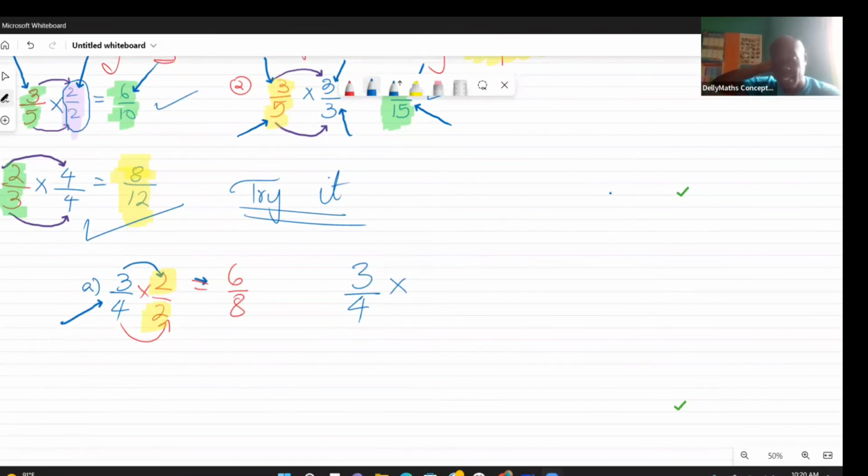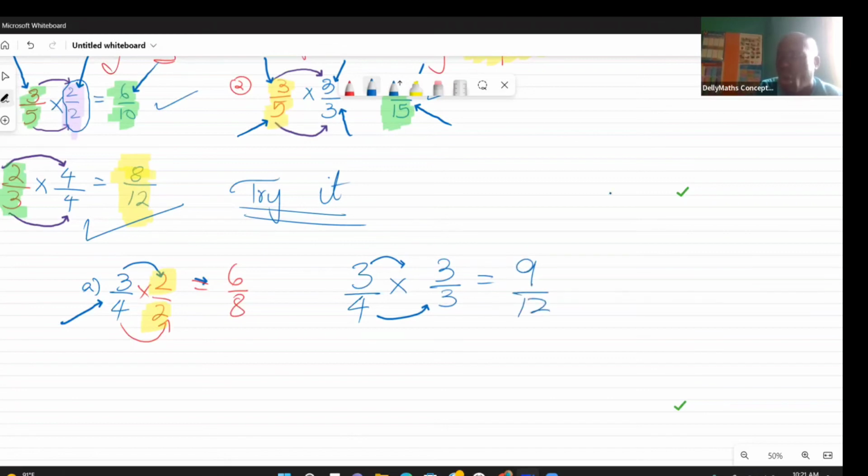I was suggesting that you pick a number, but the same number you use to multiply the top, you have to use to multiply the bottom. So let us say I'm using 3. I'm using 3 at the top, 3 at the bottom. So 3 times 3 at the top gives me 9. 4 times 3 at the bottom gives me 12.